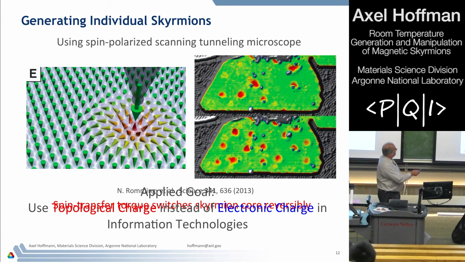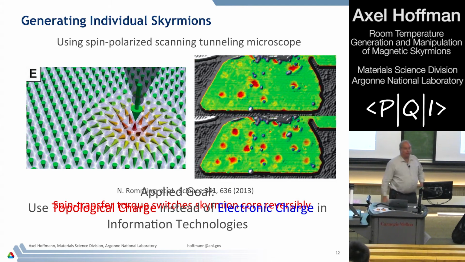Then they can take the same tip that they use for measuring these, park this tip at certain locations, have a large current pulse and generate a new skyrmion, use an opposite current pulse and delete it again. And so they can put additional skyrmions in and then remove them again. This really set things on fire, because now you can really think of using topological charge instead of electronic charge to store and process information.